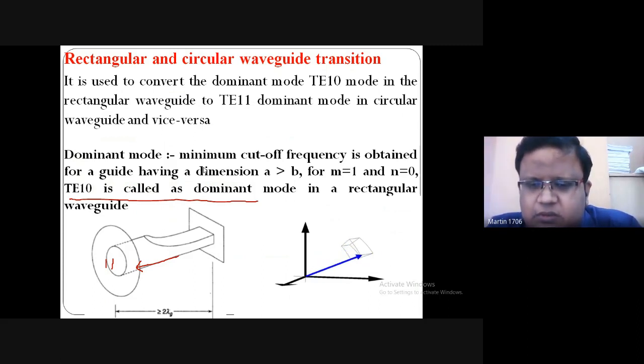One end will be a rectangular waveguide and the other end will be circular. I already told you the dominant mode for the rectangle and for the circle: TE10 is the dominant mode for the rectangle and TE11 is for the circle.